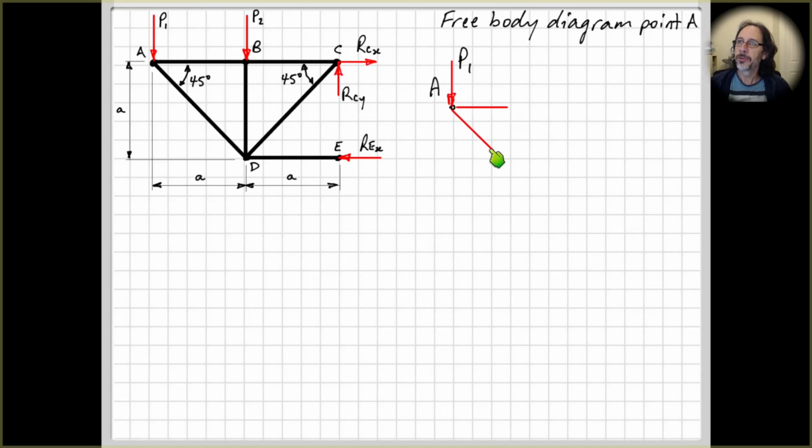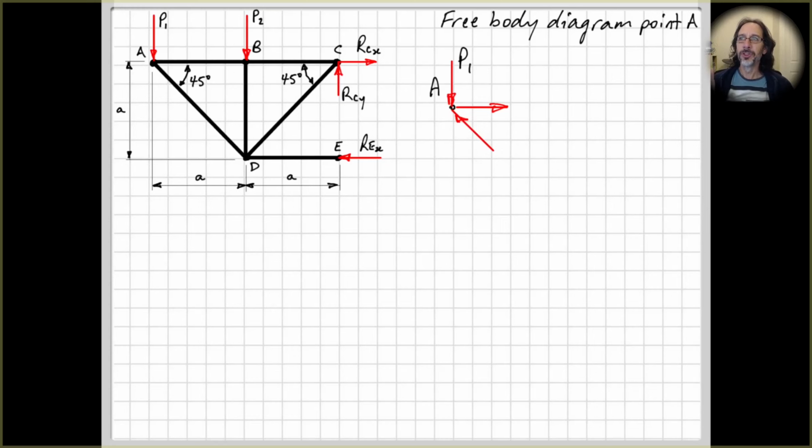But if we look at this force here that's at an angle of 45 degrees, we can see that the vertical component must be acting upwards for the sum of the forces in the vertical direction to be equal 0, right? Because the only other force we have is P1 acting downwards. So therefore that force there has to be up to the left. And now that we know the sense of this one, the horizontal force must be acting to the right to balance the horizontal component of this force here.